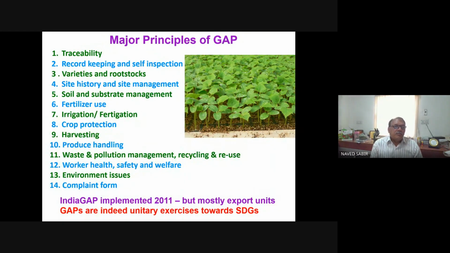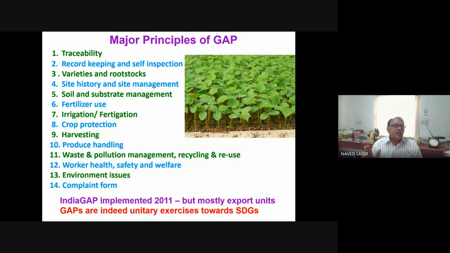So Global GAP gives this leverage and liberty to the nations to develop their own GAPs. For example, there is a farmer in India and there is a buyer in the mandi. He says you produce such and such vegetable with such and such a standard. You will use this chemical and you will not use that chemical. You will use this variety, you will not use that variety. So there has to be an agreement.